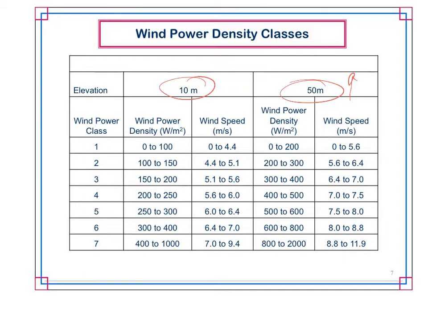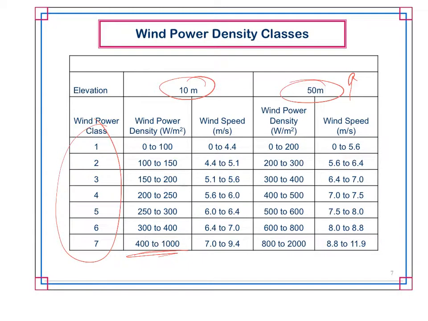So these are the 7 different classes of wind power that we talk about. And at 10 meters, if you want to be in class 7, you need to be able to have a power density. So everything's going to be power density, or mostly everything in this class is power density, which is how many watts per square meter you can get.